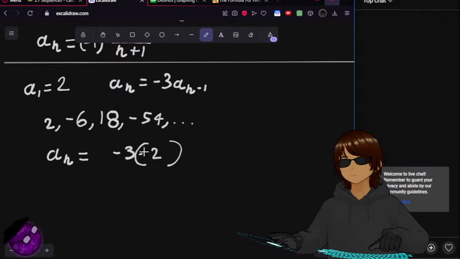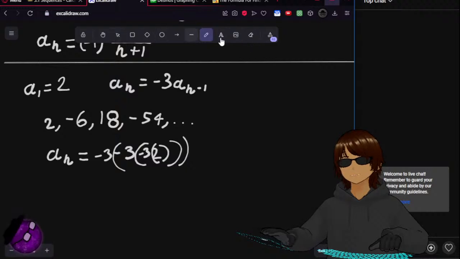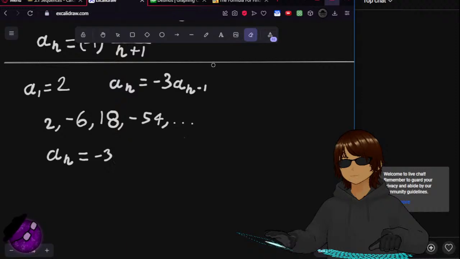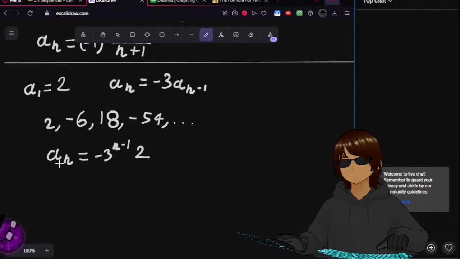A3 is negative 3 times negative 3 times 2. A4 is negative 3 times negative 3 times negative 3 times 2, I think. Like this. So a n is negative 3 to the power of n minus 1 times 2.